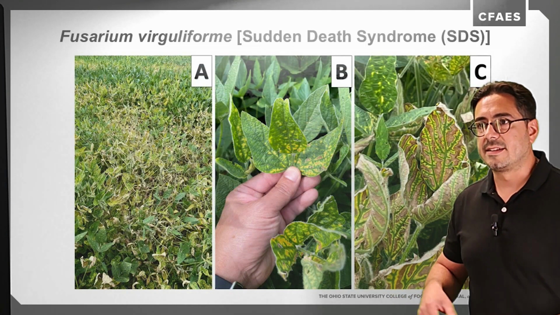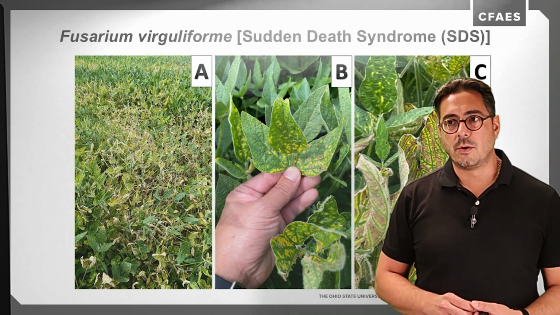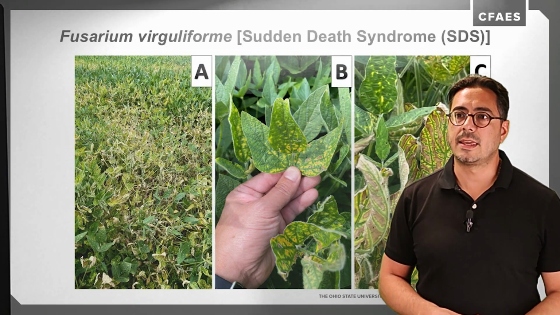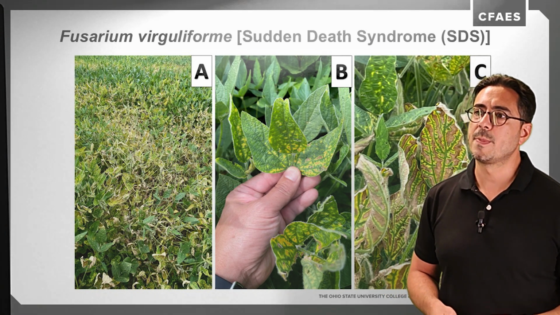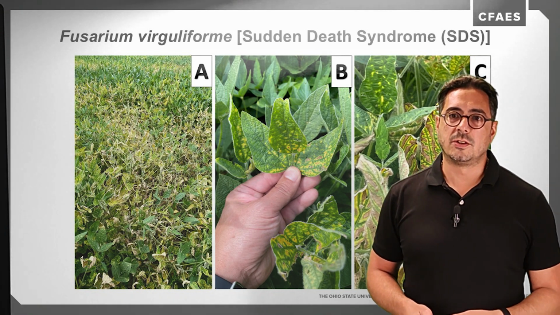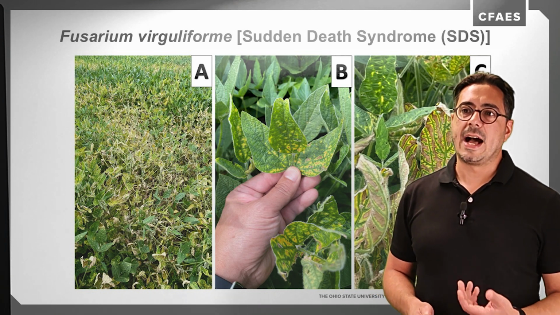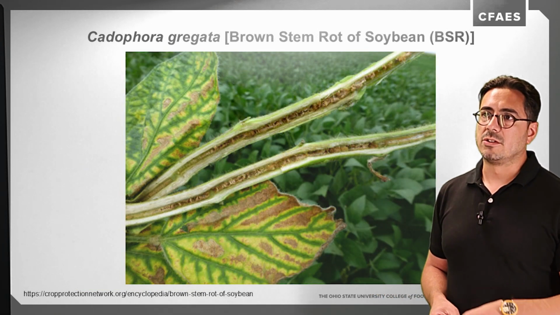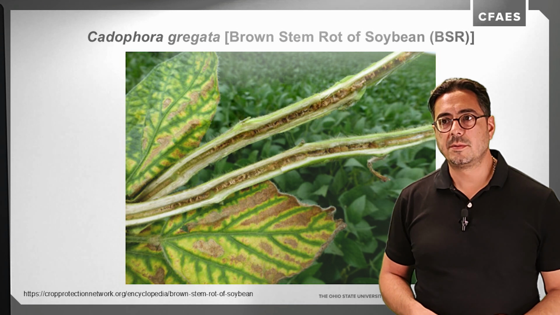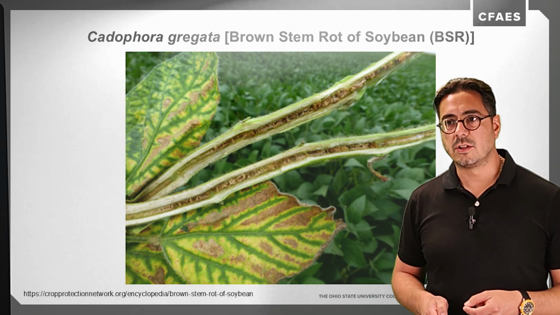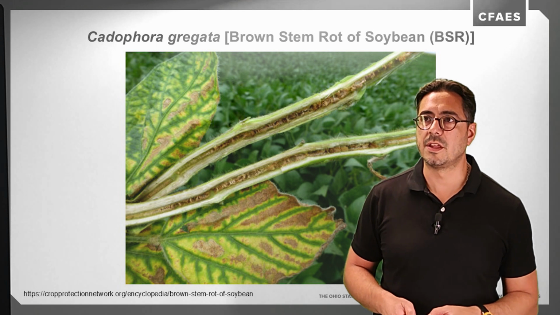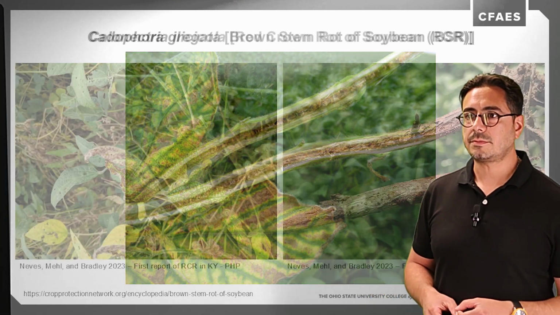It starts with that interveinal chlorosis, yellowing, that then later kills those tissues, and we can have premature defoliation, as you can see here. But this type of symptomology is also produced by other pathogens. Brown stem rot will cause the same type of symptoms. We need to split our stem and look inside for that brown discoloration. That will tell us that we're dealing with brown stem rot.